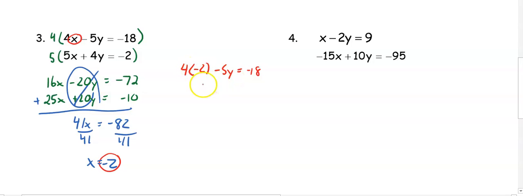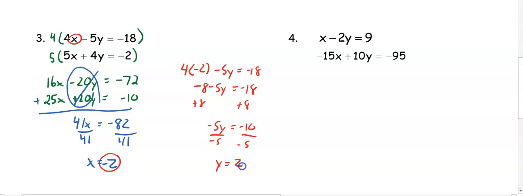We can get -8 minus 5y equals -18. We can add 8 to both sides. -5y equals -10. Divide by -5, so y equals 2. So we have 2, 2. Sorry, -2, 2.